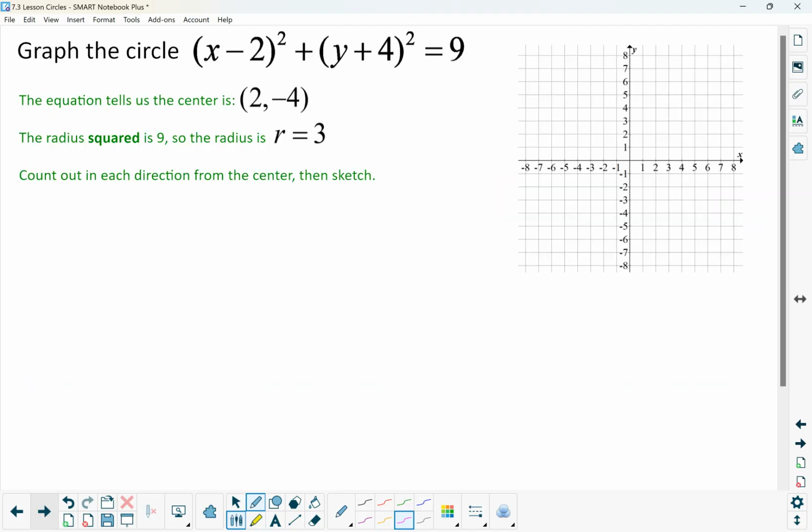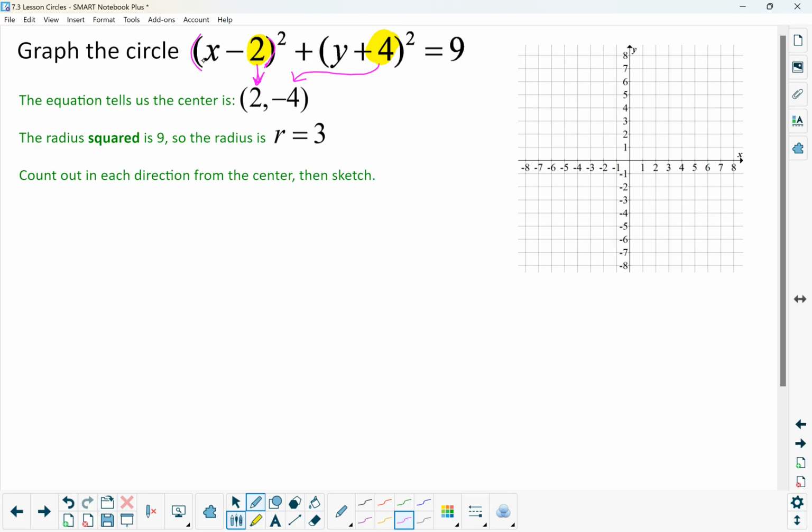All right, so our first circle that we're going to graph is the circle quantity x minus 2 squared plus the quantity y plus 4 squared is equal to 9. Looking at that equation, you can notice that the center is located at 2, -4. With circles, we see a sign change with both the x and y coordinate. So when it's in a grouping like this with its variable, you're going to see that sign change happening.